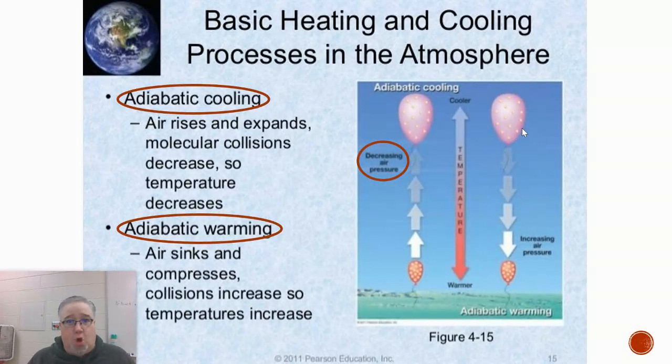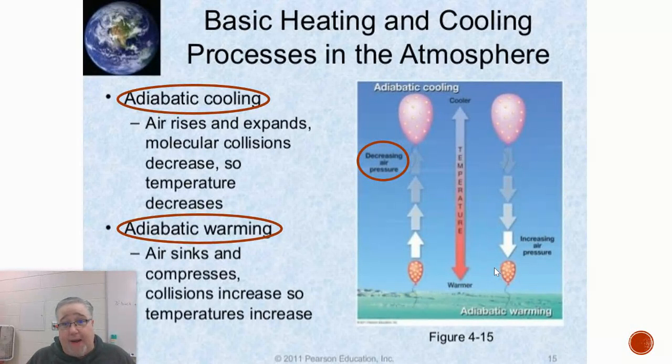We just said that cold air tends to sink. So as that balloon is rising, most of the time, when the balloon expands, it just pops. But sometimes it doesn't. It might rise to the top of this air column, and then once it gets cold enough, it'll start to drop down and sink.